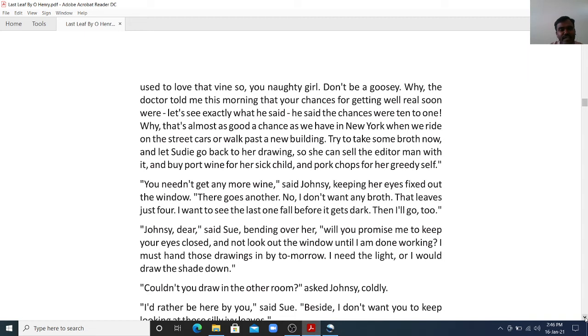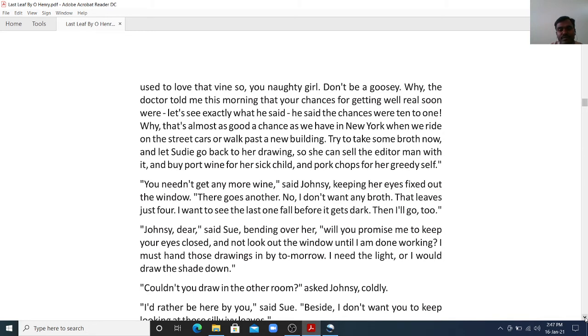You need not get any more wine, said Johnsy. Johnsy was not interested. We see she was very negative. She is very pessimistic about life. Said Johnsy, keeping her eyes fixed on the window, when she is intently looking through the window, you need not get anything for me. There goes another. No, I don't want any broth.